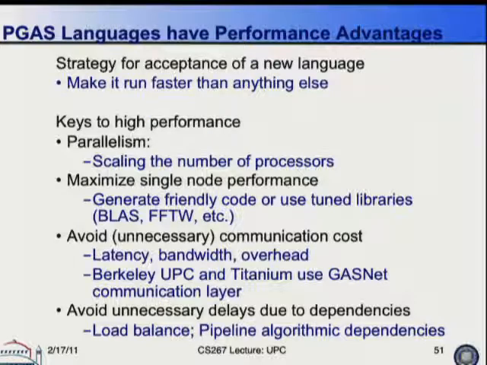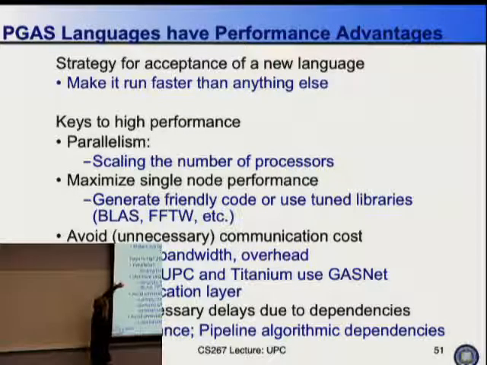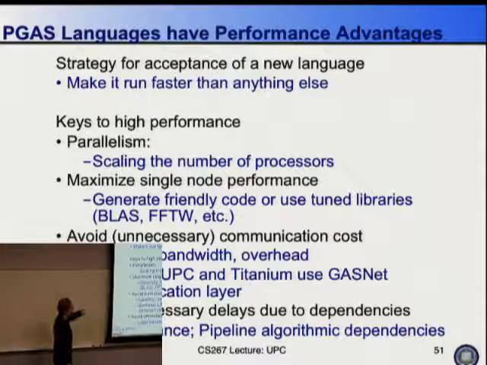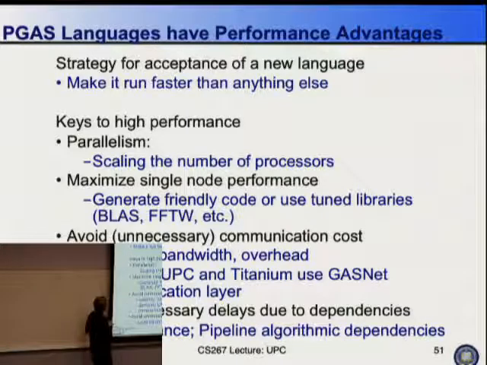Okay, so a little bit about performance. In order to get high performance out of any one of these languages, you need to get parallelism. You need to be able to scale with the number of processors. You need to get good serial single node performance and be able to call highly optimized libraries, like the AMD library that we were comparing you to for homework 1.